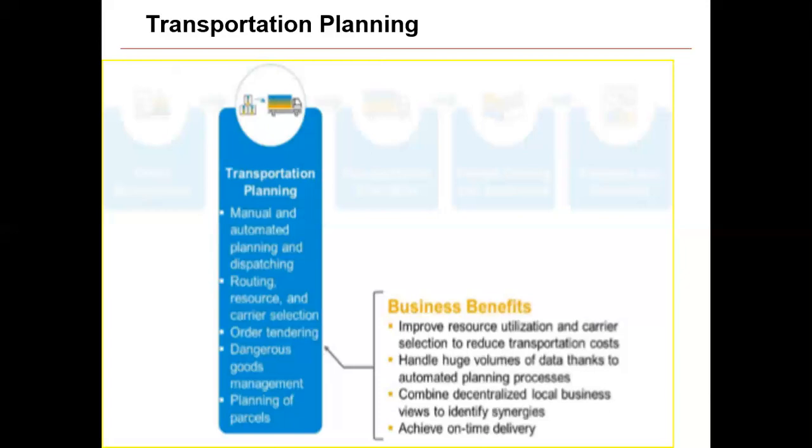We can improve the resource utilization and the carrier selection to reduce the transportation cost: how to utilize the resources, and how to provide the optimum selection of the carriers. Both will impact the cost reduction for freight related activities. We can also handle huge volumes of data using this automated planning.